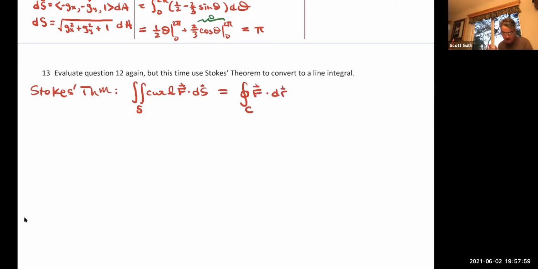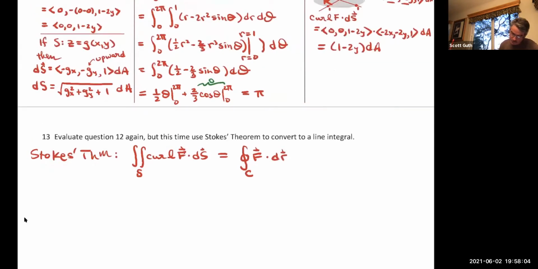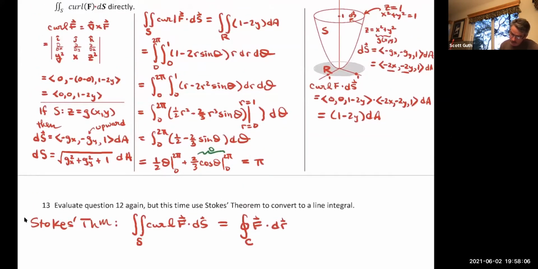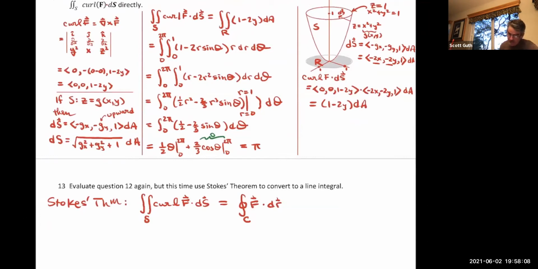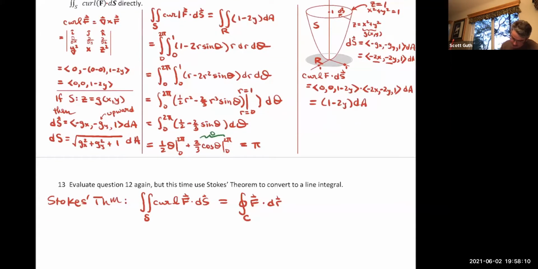That's so much easier looking. The field is pretty clear here. The curve C is actually the boundary of S. So let's put that down here: C is the boundary of S.